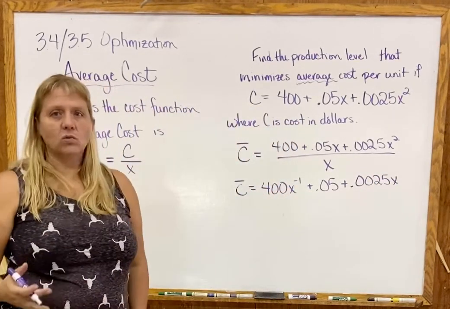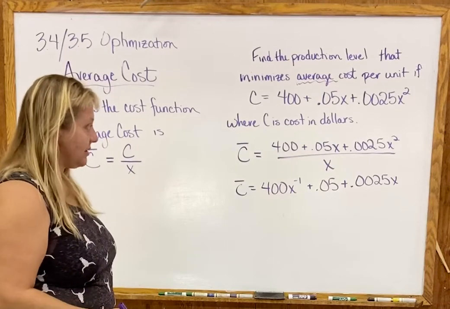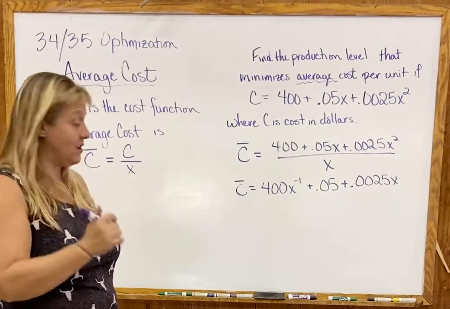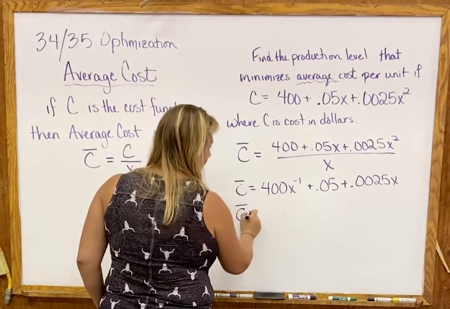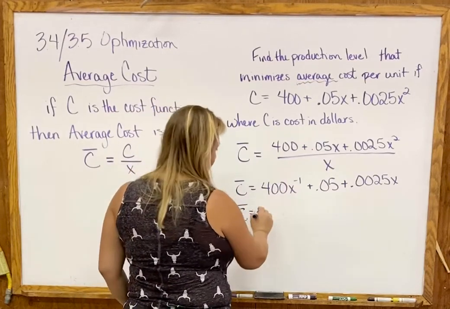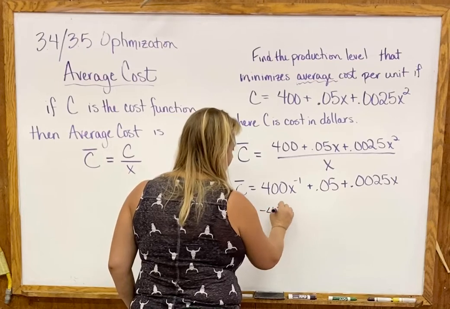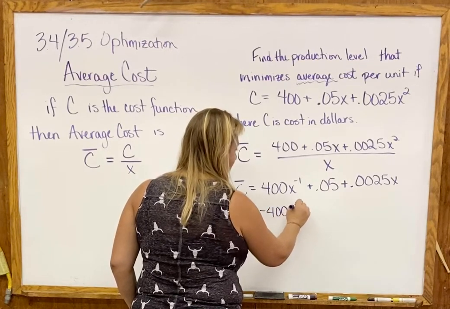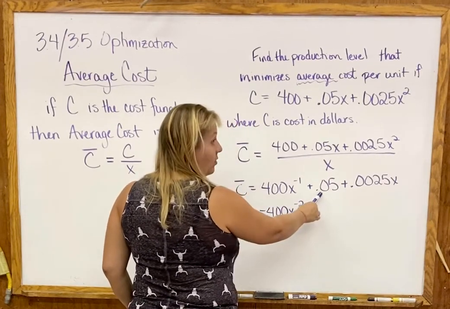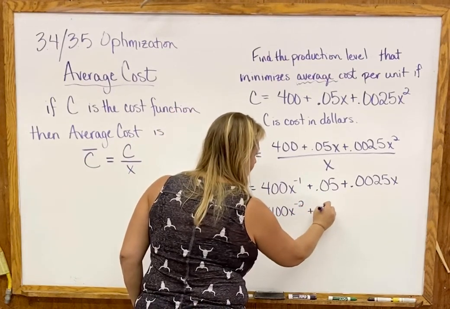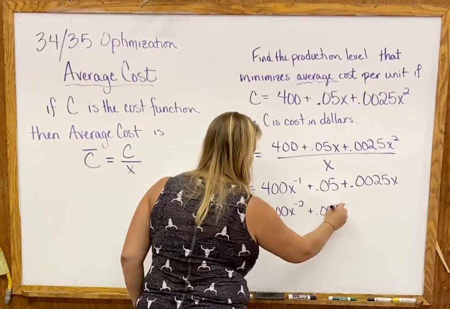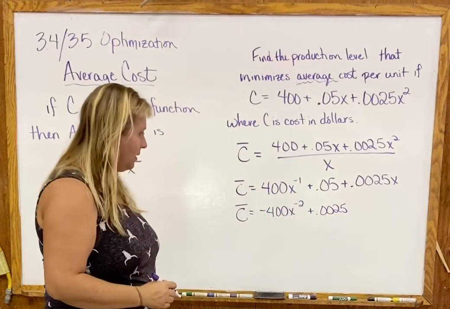So that's the actual function for average cost that will be easiest to take the derivative of. So now we'll go for the derivative. So we'll bring down the negative 1, so this will be negative 400x to the negative 2. That guy goes away, right? And that is just going to be 0.0025 there at the end.